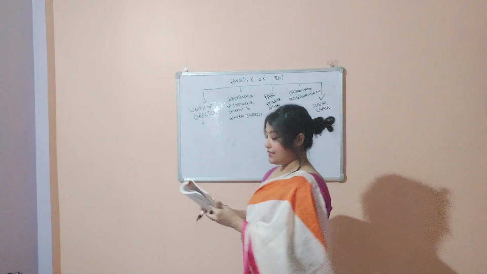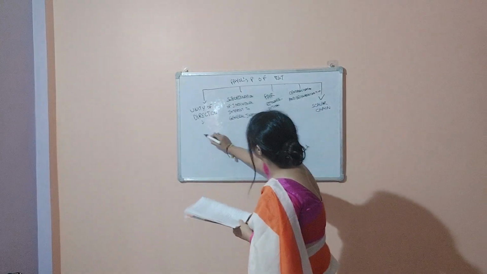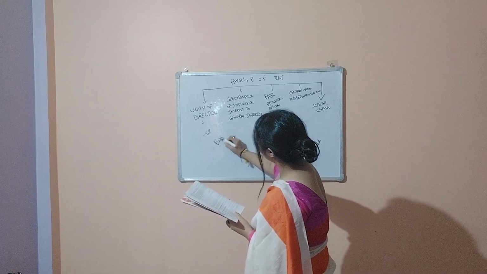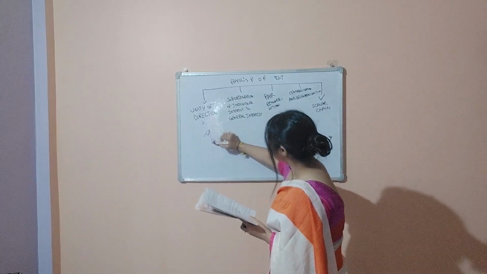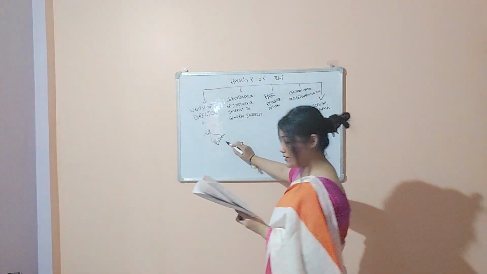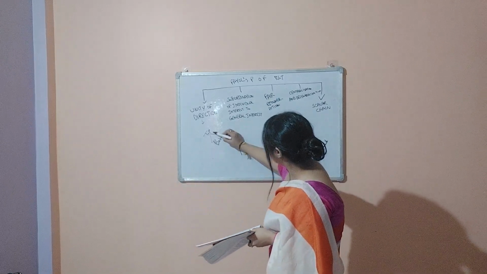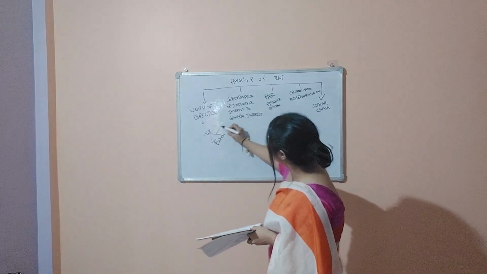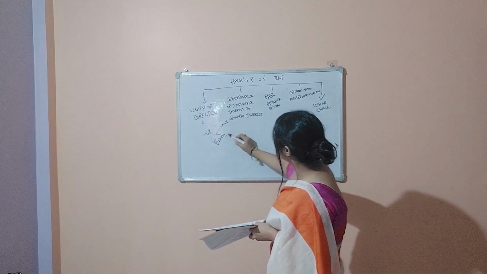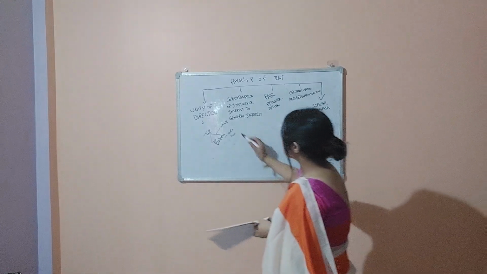Scalar chain means the chain of superiors ranging from top to bottom. Okay, that means this is the top, this is the bottom level, the lowest level. So see here, in top management, the board of directors, and then come the HR and team leads and all, and then come the operational people here.